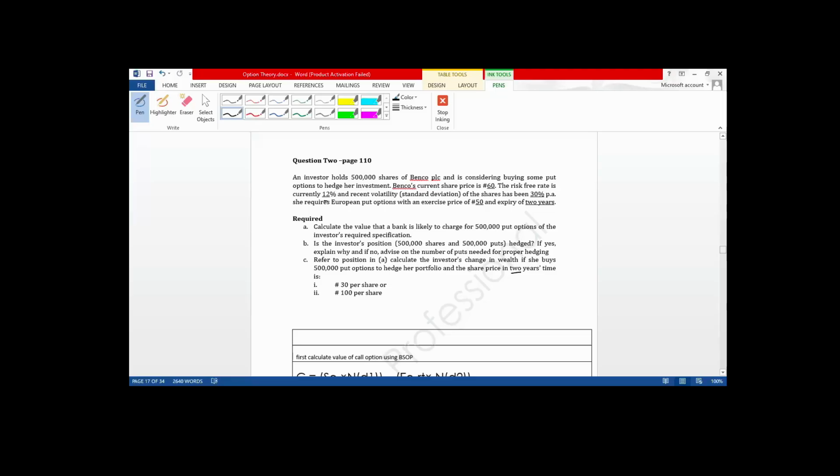Requirement B. Is the investor's position hedged? 500,000 shares and 500,000 puts.